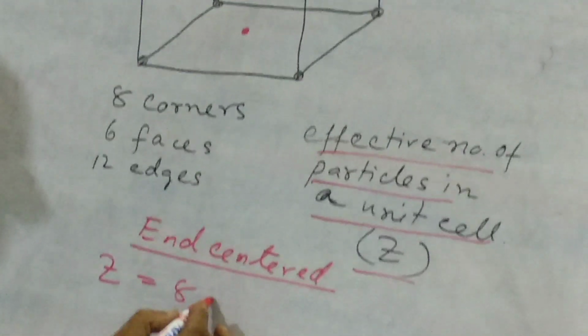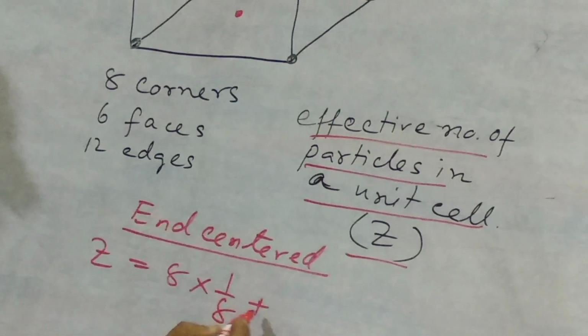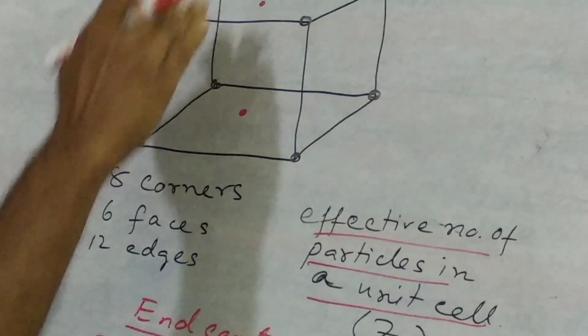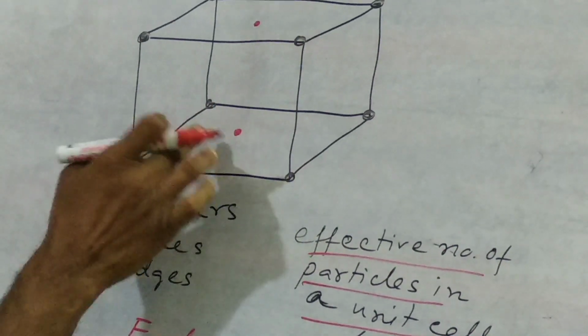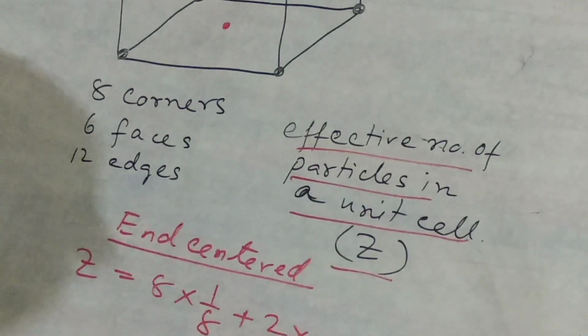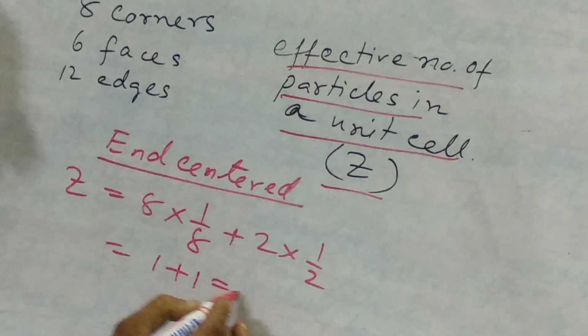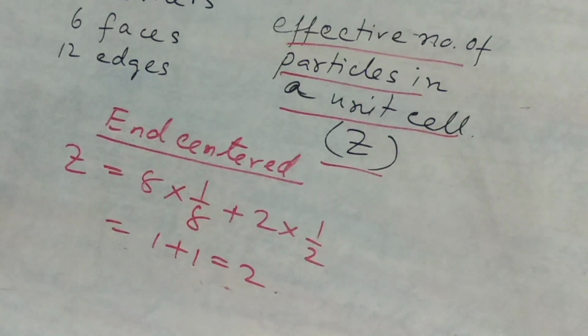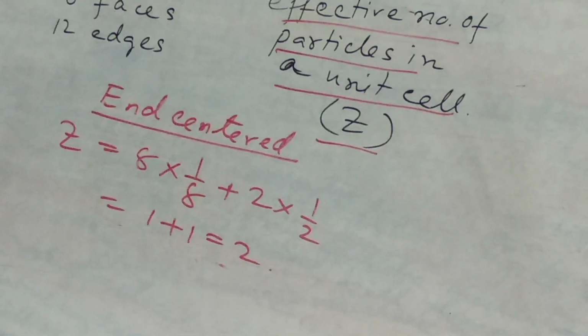So as previous, 8 into 1 by 8, the effective number, plus you see 2 faces. There are 2 particles in 2 opposite faces. Each particle has half share. So we could write 2 into 1 by 2, which gives 1 plus 1, again 2. So in the end-centered cubic unit cell, there are also 2 effective number of particles.